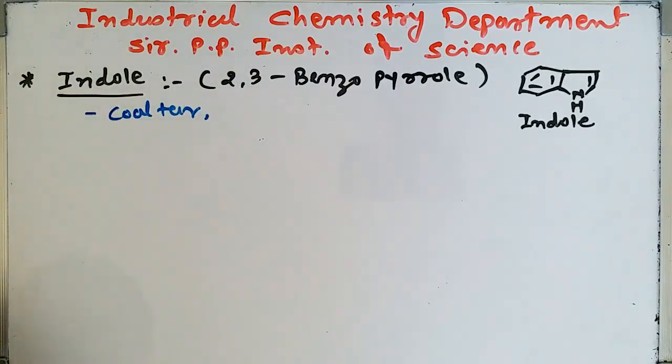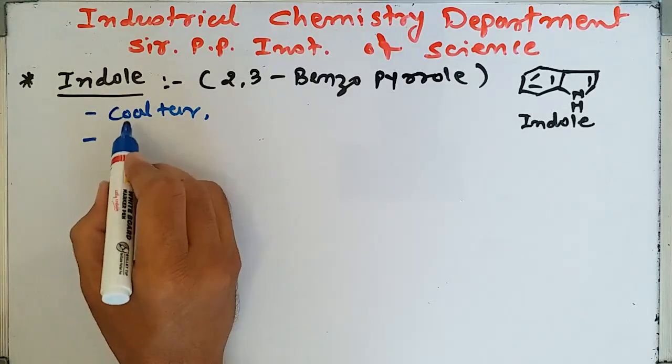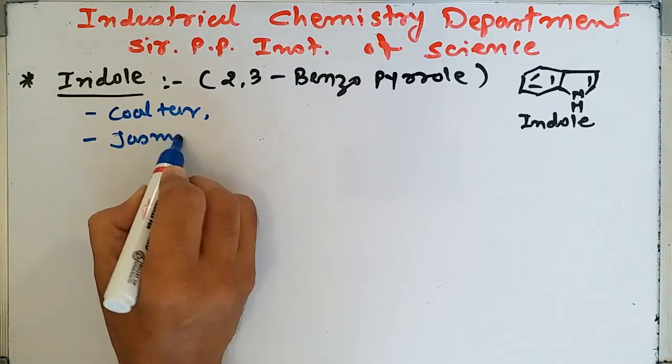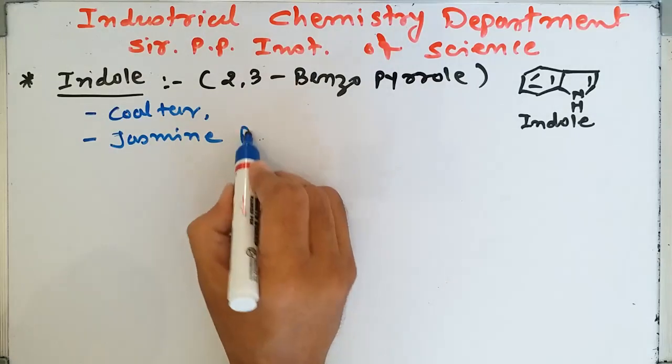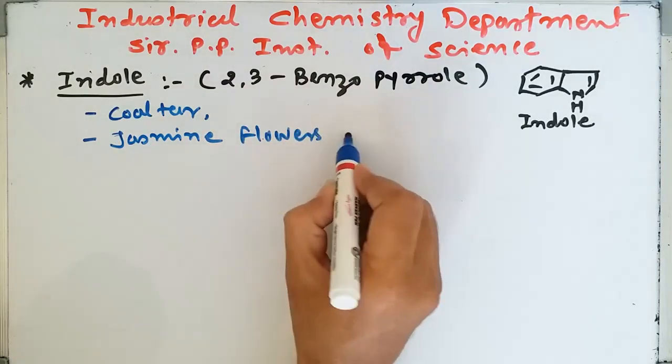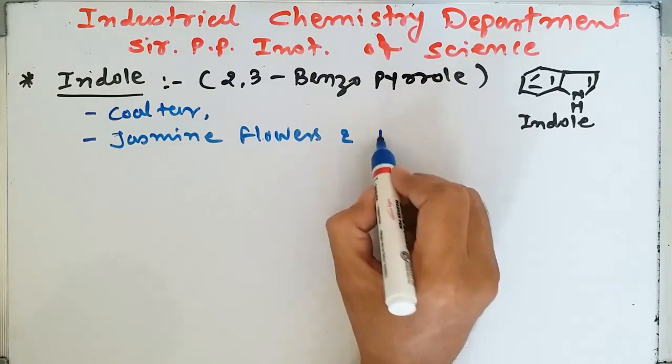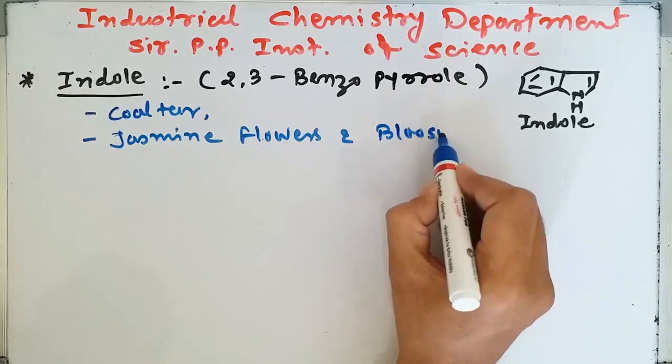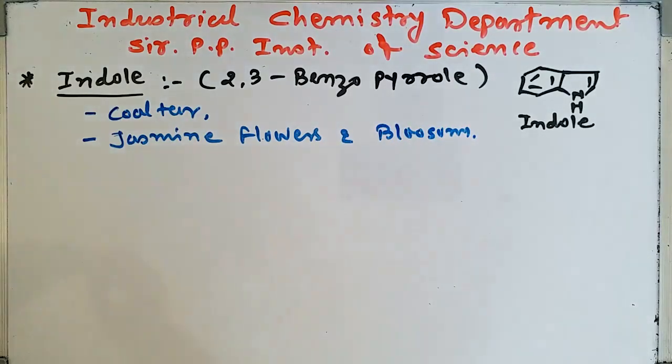Coal tar oil contains indole, and also jasmine flowers and blossoms contain indole as a natural component. We have some synthetic routes also here. So first of all we see the preparation of indole.